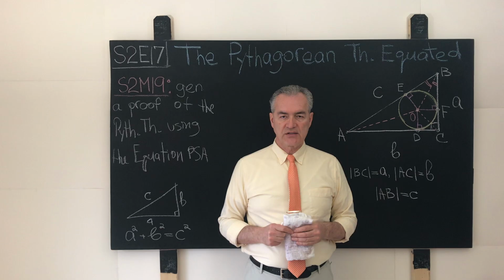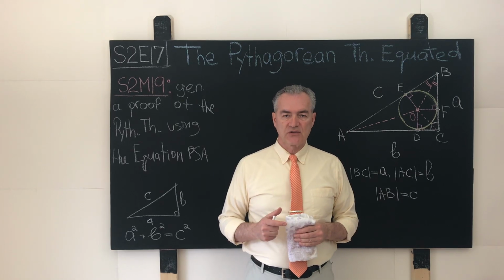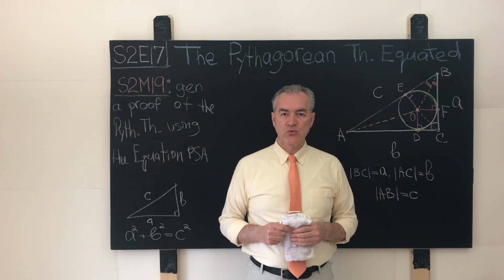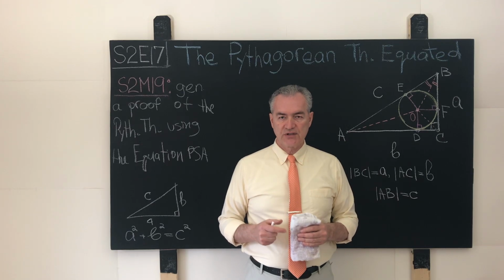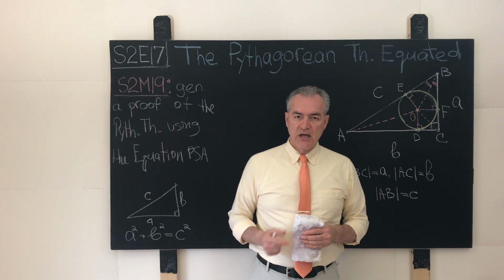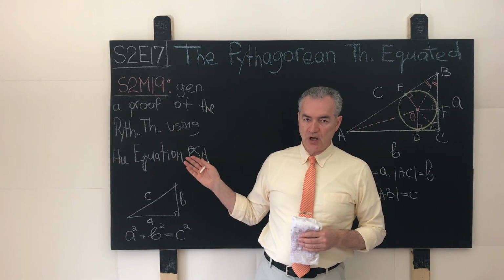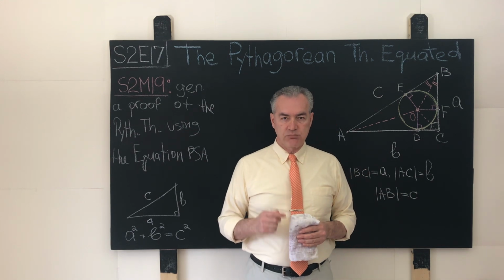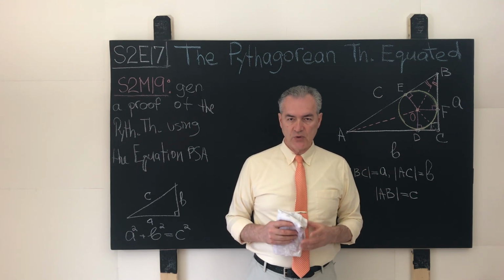And as a third and final step, we are to solve as many equations as we can. And of course, we are to validate the result against the specific nature of the variables in the given problem. Consequently, in the mathematical problem S2E17, the battle plan for that problem is the following.